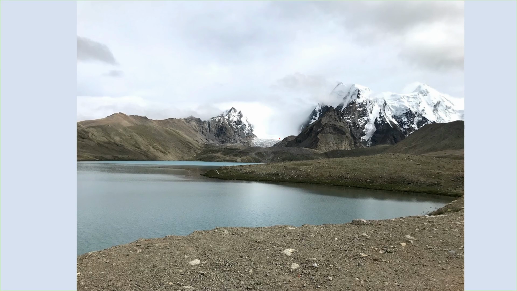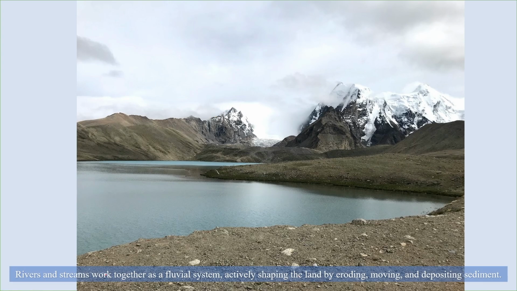So, when we talk about the Himalayan river or any river system, you see the water originates at the snow or glacier level. So, let us talk about the Himalayan rivers. So, here this is the source of the water, right, and rivers and streams work together as a fluvial system, actively shaping the land by eroding, moving and depositing sediments. Because of this erosion, transportation and deposition, these landforms are being created.